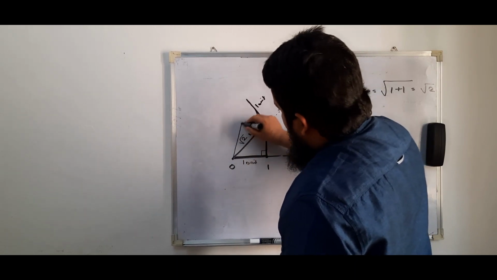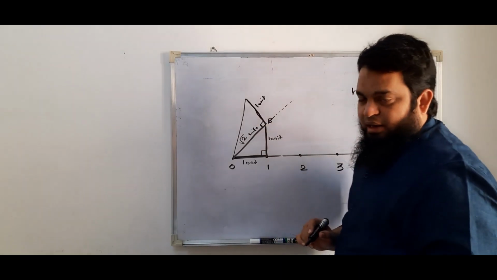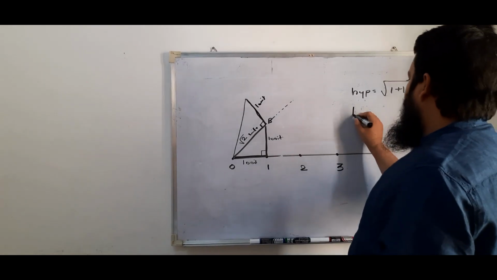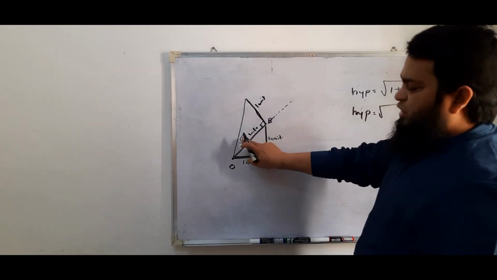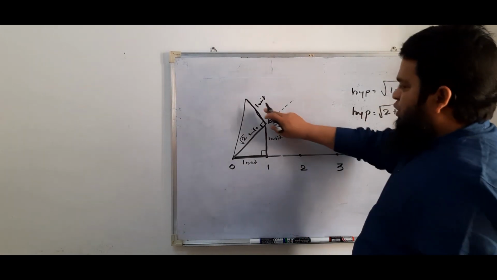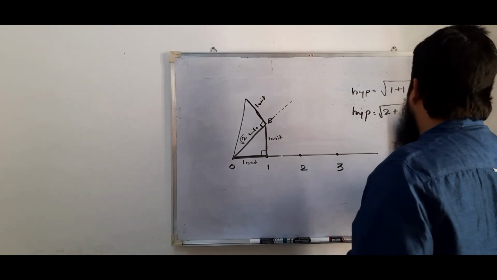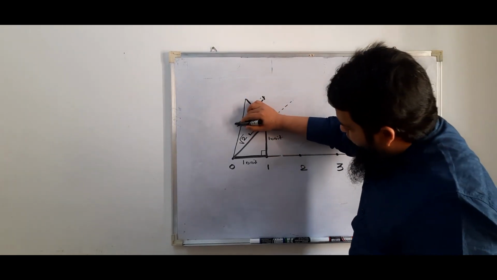And when I join these 2, because it is a right angle triangle, you have here root 2 and 1. So the hypotenuse equals square root of, what is root 2 whole square? Root 2 whole square is 2 plus what is 1 square? 1. So it will be square root of 3. So this is square root of 3.